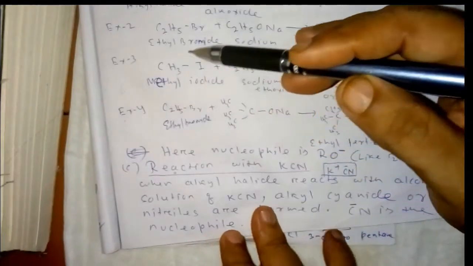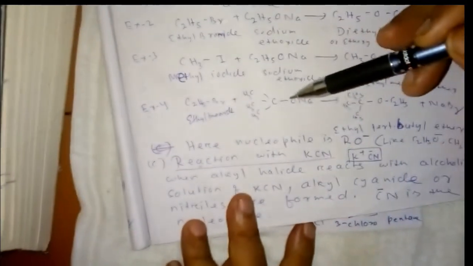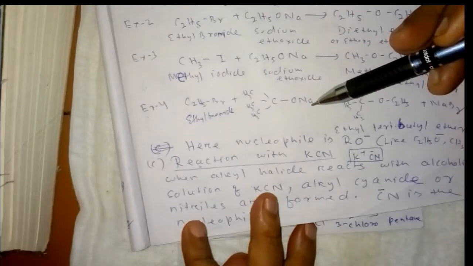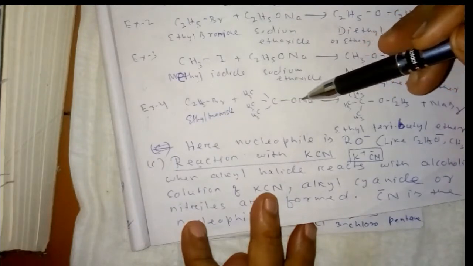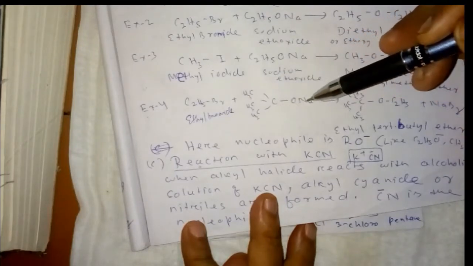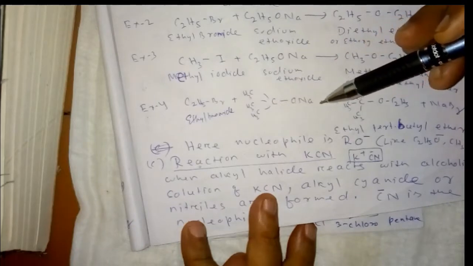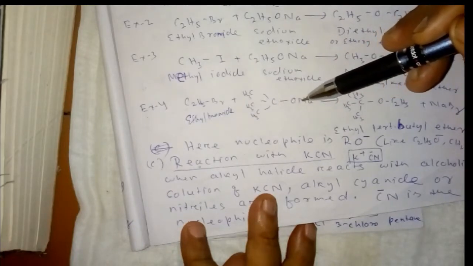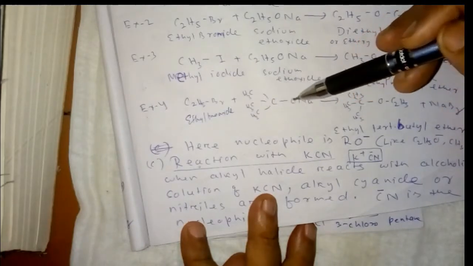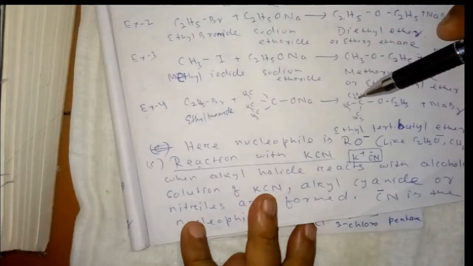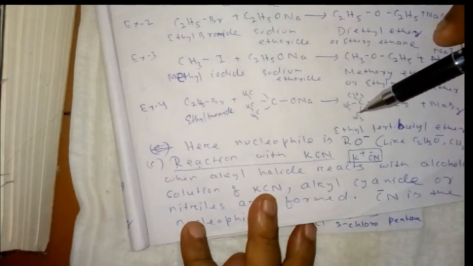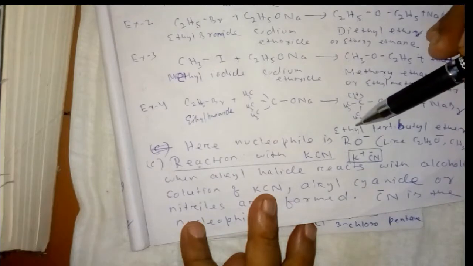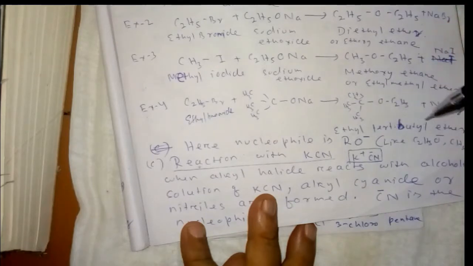Example 4 is C2H5Br plus sodium tertiary butoxide, which gives CH3, C, CH3, CH3, O, C2H5, ethyl tertiary butyl ether.